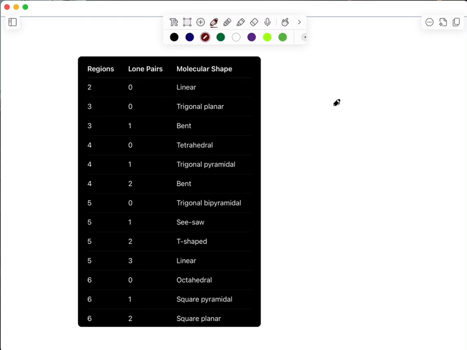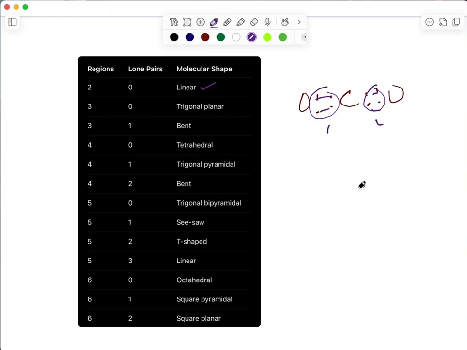For example, let's say we have CO2. I've already explained that. How many electron regions do we have here? We have 1 and we have 2. Are there any lone pairs around the carbon atom? No. All of them are bonded or shared pairs. So therefore, it's going to be a linear shaped guy.